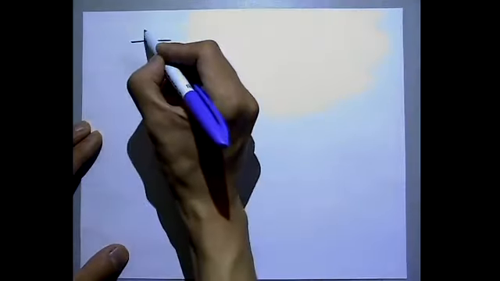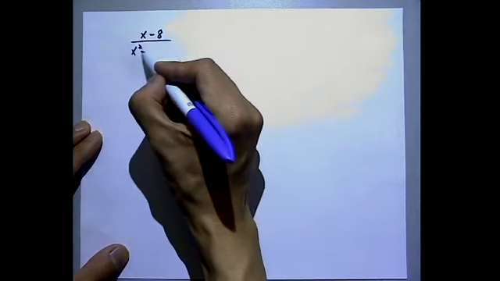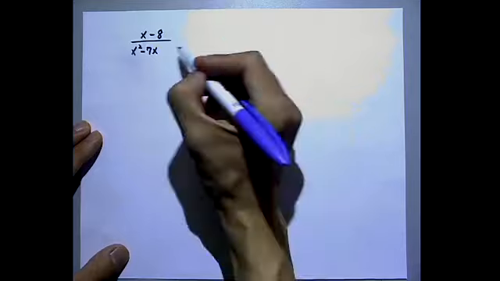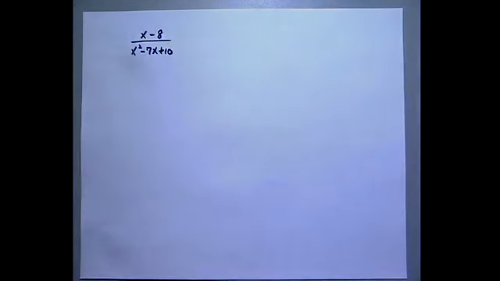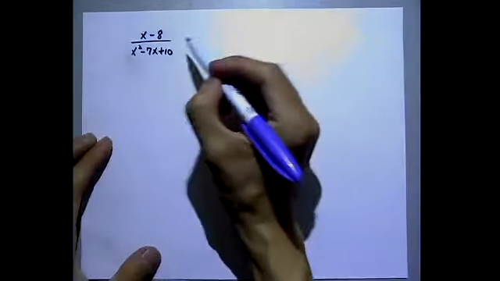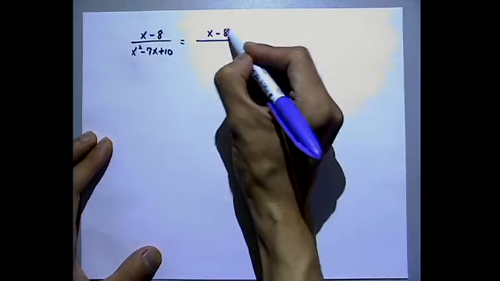Okay, so let's go back to what we started with. x minus 8 over x squared minus 7x plus 10. First, notice that we can factor the denominator.